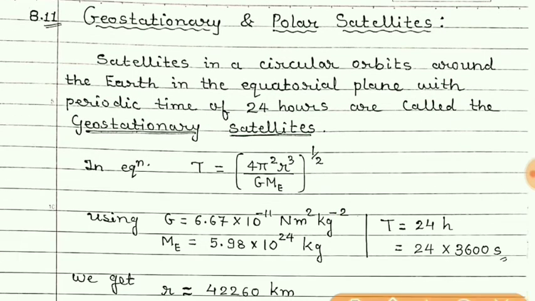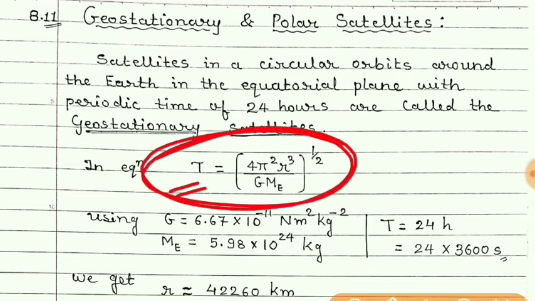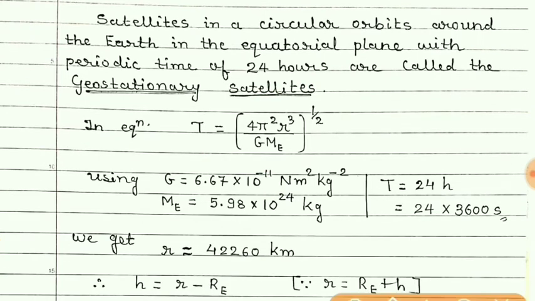Now students, the time period of rotation of a satellite, this equation we have already obtained in our previous lecture. Now in this equation, if we put the value of g, the mass of the earth, and the time period of rotation for this geostationary satellite, that is 24 hours, to convert these hours into seconds we have to multiply by 3600.